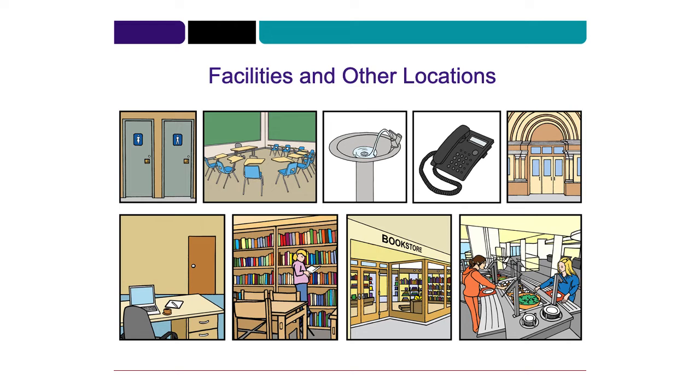We're going to do the same thing with each of these facilities or other locations. So that first one is bathroom, but the next one is classroom. So let's practice that. Raise your brows and sign classroom, and then furrow brows and sign where. Good job.